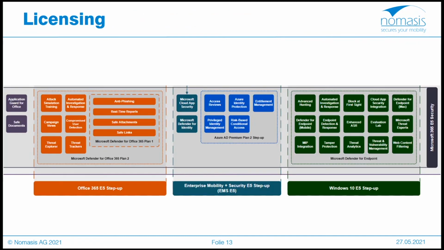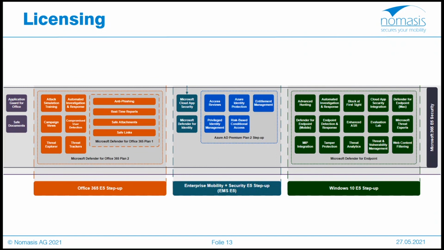Now to the licensing. If you already have the full Microsoft 365 E5 license or E5 security license, you can already make use of all the features that I mentioned earlier. On the right side, we have the Microsoft Defender for Endpoint, which can also be licensed in Windows 10 Enterprise E5 or just the Microsoft Defender for Endpoint license.